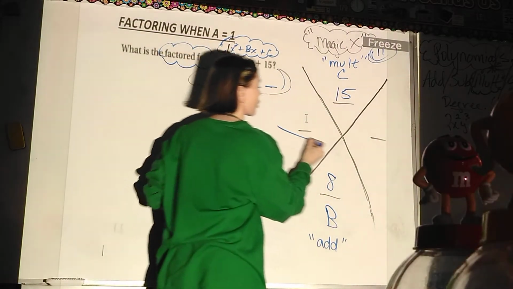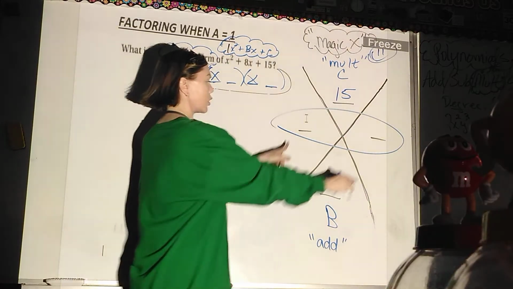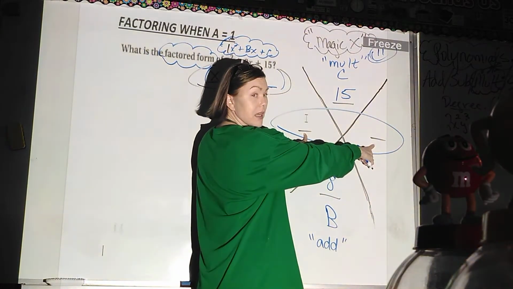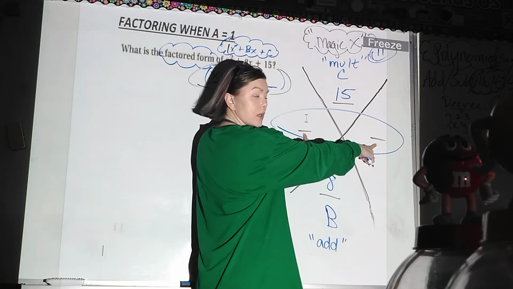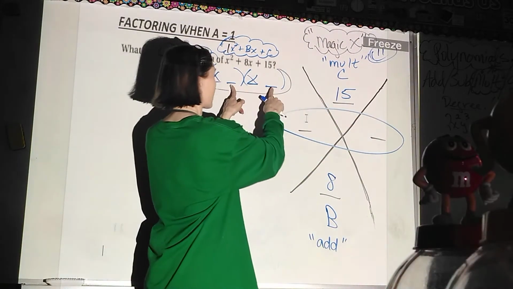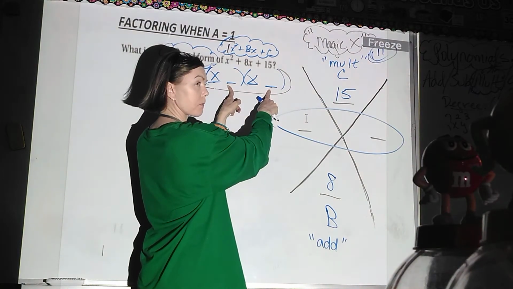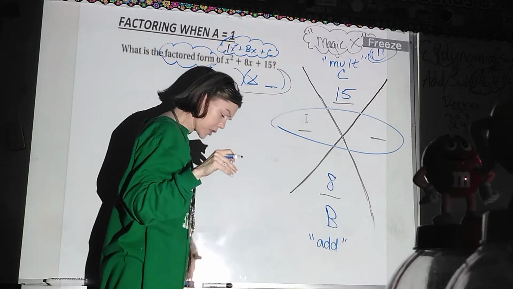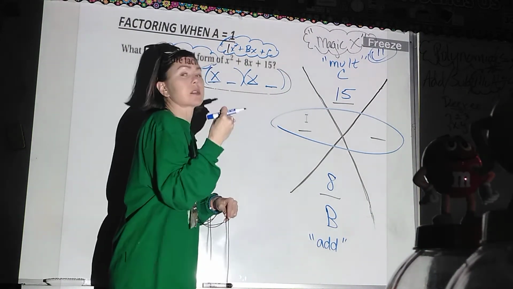Now I'd like to draw your attention to these two spaces here. Whatever numbers we put here is what's going to go in our spaces right here. This is what you need to ask yourself. It's like a puzzle.